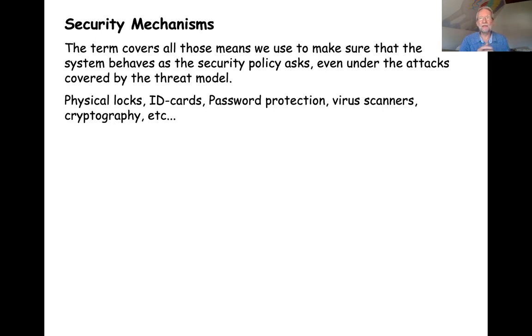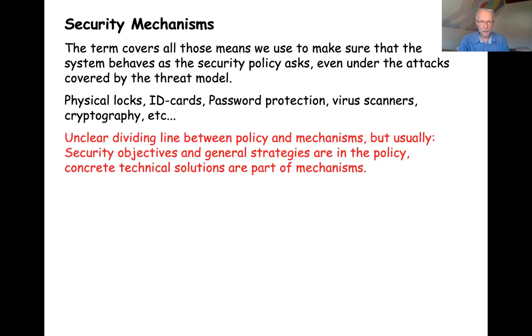So this covers anything that you might want to use, like physical locks, ID cards, passwords, cryptography, the whole thing. I should mention that there's sometimes an unclear dividing line between the security policy and the mechanisms. But usually, as I said before, security objectives and general strategies are in the policy, but the concrete technical solutions are considered part of the mechanisms.